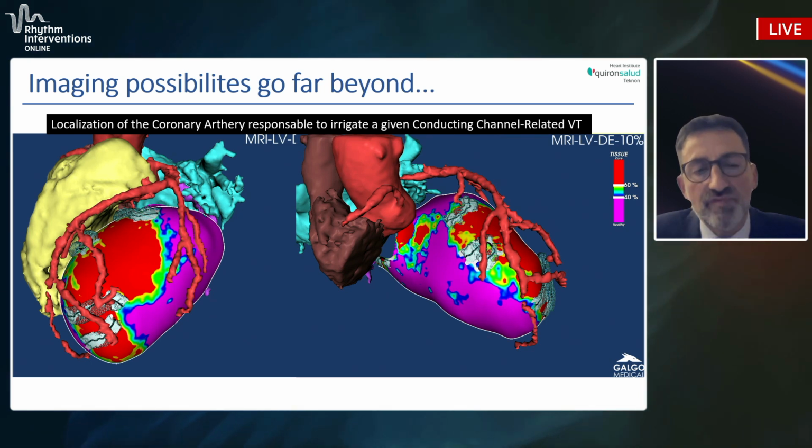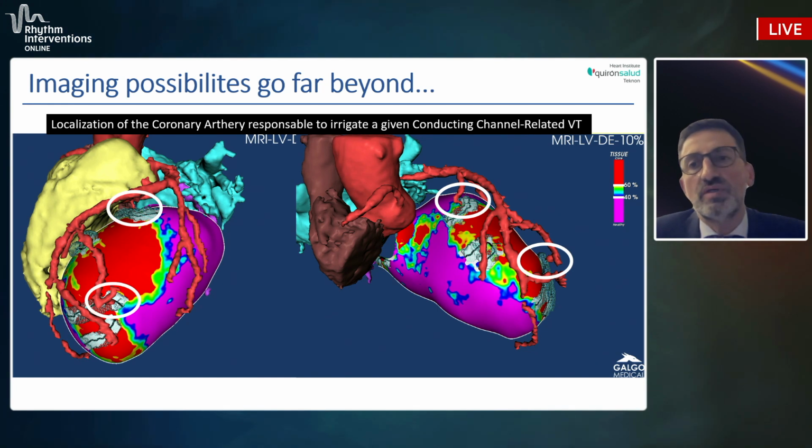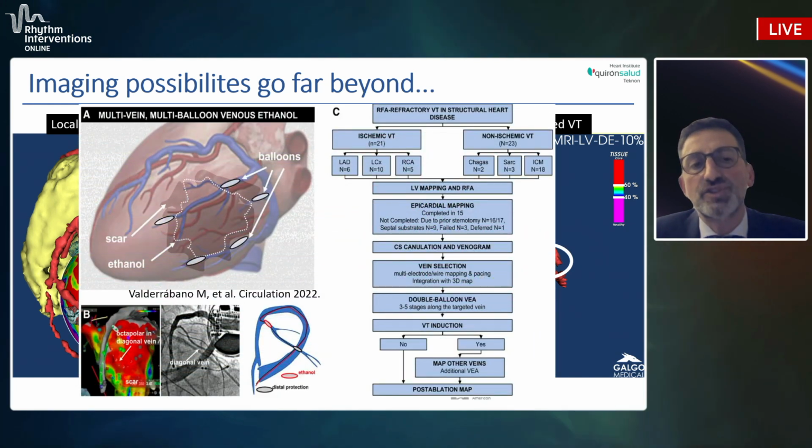This patient had 4 border zone channels, 2 different views of the same patient, and you also have the distribution of the coronary arteries. And if you look carefully, you can see that you would be able to identify those branches of the coronary tree that irrigate each one of the channels. This could permit more focused ablations.